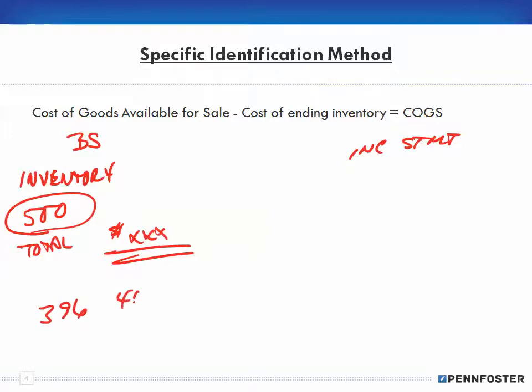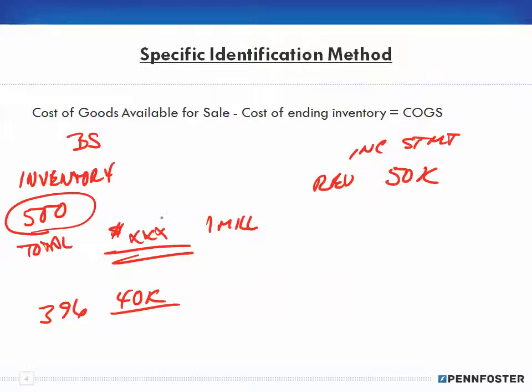And let's say that costs $40,000, a cost for the business. Now, they're selling it to the customer, say, for $50,000. Okay, so that's the revenue, right? The sale. And because we know exactly which one they want. And let's just say my total inventory happens to be $1 million. Okay.